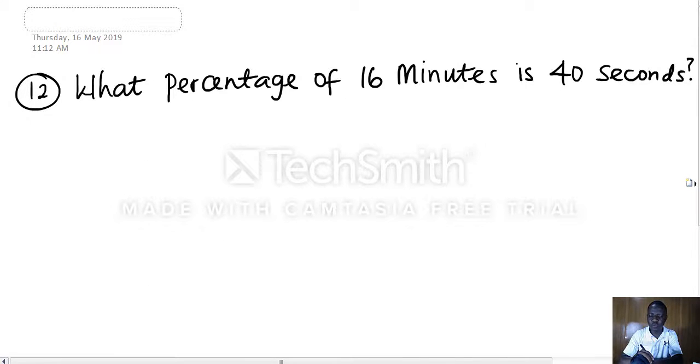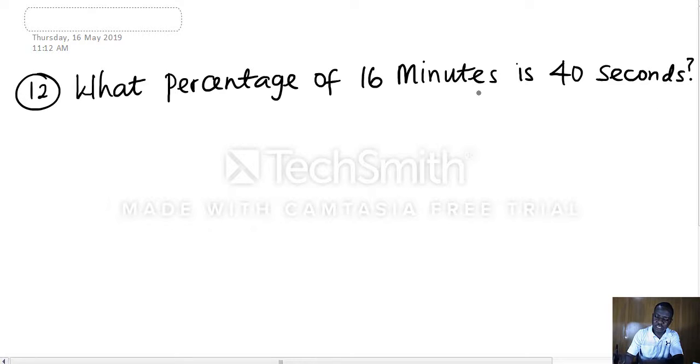And our last question for this class says, what percentage of 16 minutes is 40 seconds? 16 minutes is bigger than 40 seconds. So we are going to convert 16 minutes to seconds, or you can convert 40 seconds to minutes and find its percentage.